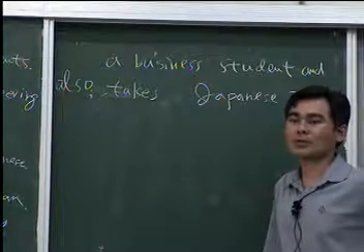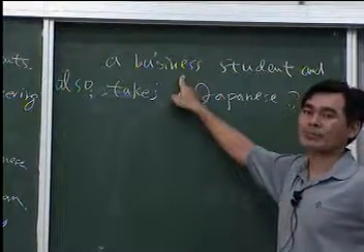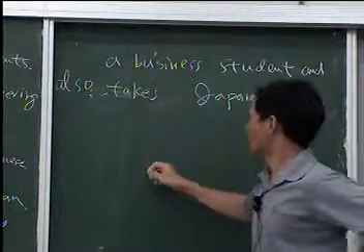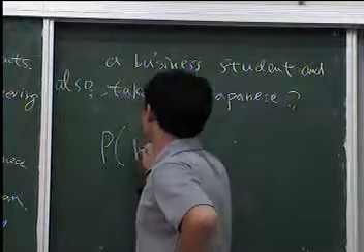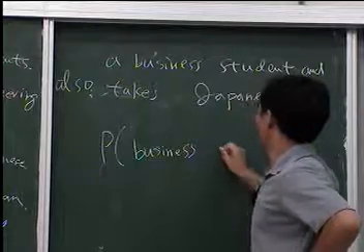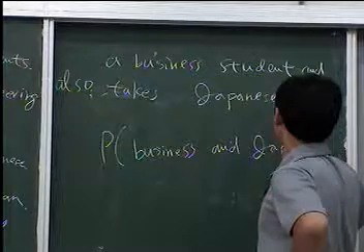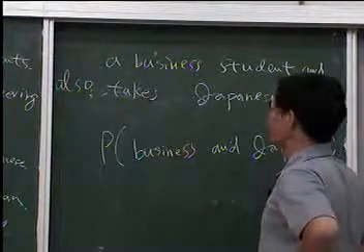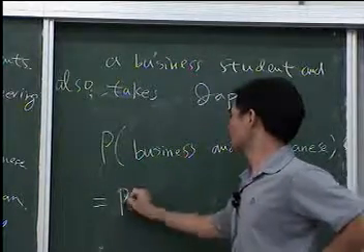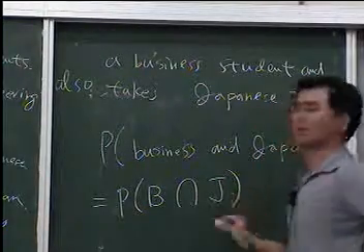So in terms of a formula, what is that? So now you are asking, he is a business student and also he takes Japanese, right? So it is the probability that it is a business major and also he takes Japanese, right? So what does this mean? You are calculating the probability that it is a business student and also he takes Japanese, right?